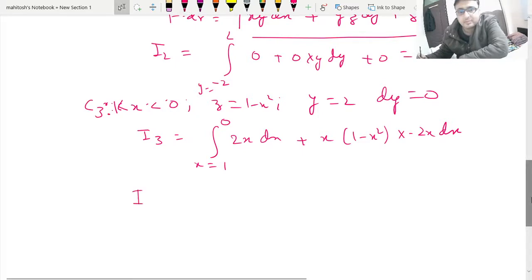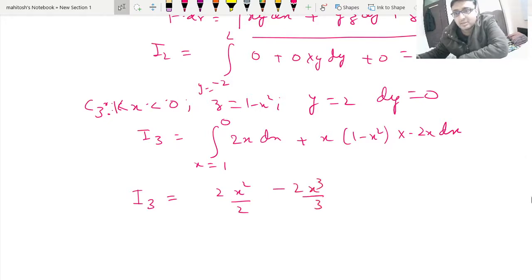So I3 can be written as 2x square by 2 minus of 2x square, this is your x cube by 3, plus x to the power 4, and this is your 5.